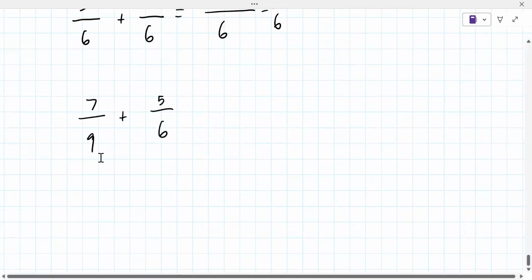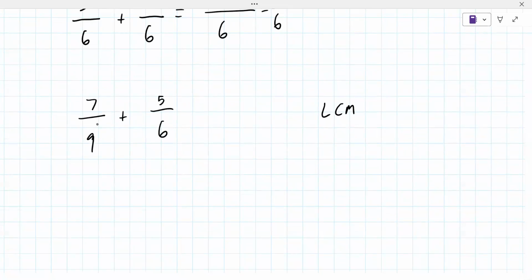Now you might have learned somewhere along the way to just multiply both of these by 9, and multiply both of these on the left by 6. You really want to find the LCM of 6 and 9. So could you do that for us, please?